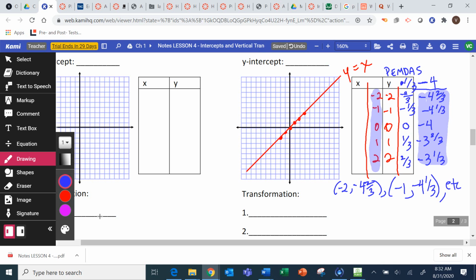So -2, 1, 2, 3, 4 and 2/3. -1, 4 and 1/3. 0, -4. 1, -3 and 2/3. 2, -3 and 1/3.